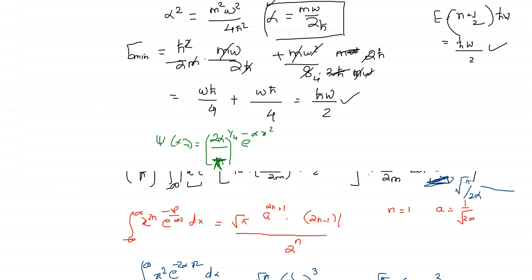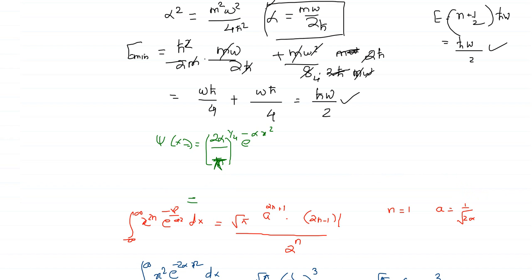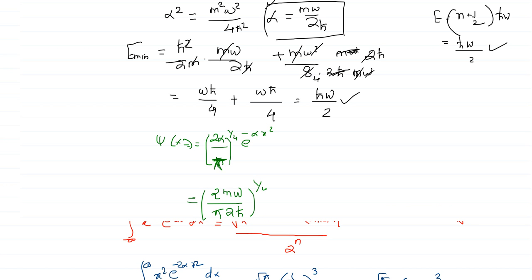So it is nothing but 2 m omega upon 2 h bar, and this pi also, whole raised to 1 by 4, e raised to minus alpha, which is nothing but m omega upon 2 h bar x square. So this 2 will just get cancelled, m omega upon pi h bar raised to 1 by 4 in this.